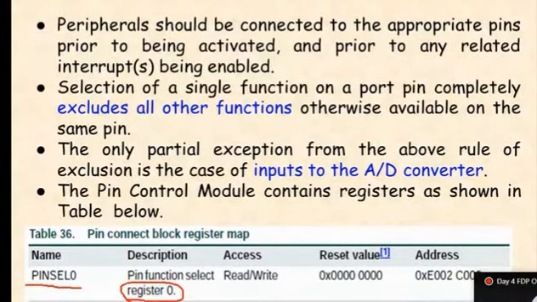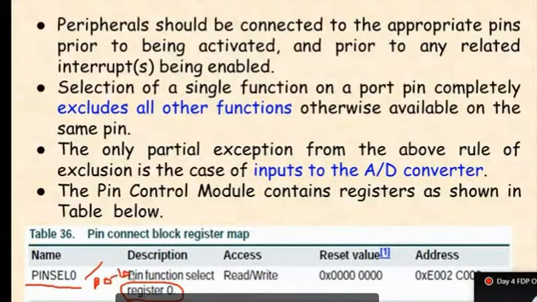This will set the function of the port. Pin select 0 is used for P0 lower, pin select 1 is used for P0 upper, and this one is used for P1 upper.